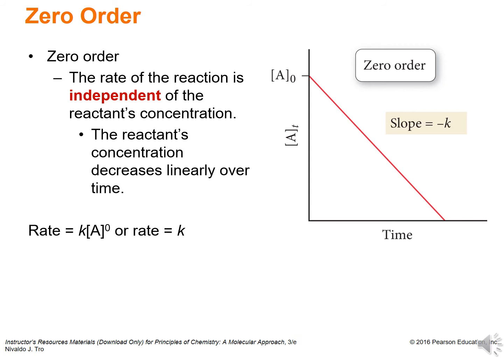Here we see the reactant concentration decreasing linearly over time, so our slope is minus k. Our rate would therefore be k times A to the 0 power, or since A doesn't really matter, as long as there's some A it reacts, we have rate equals k, so the rate law equals this rate constant in a zero order reaction.